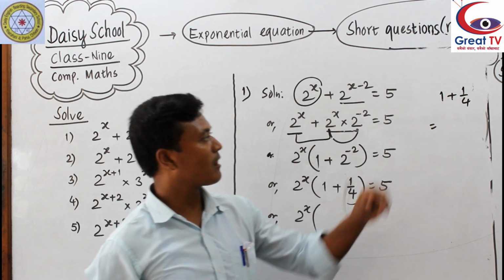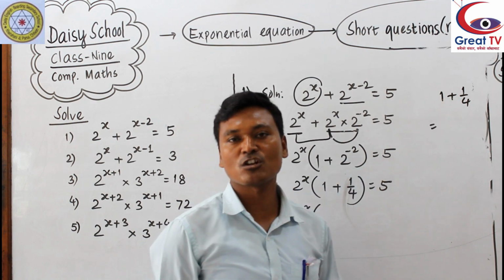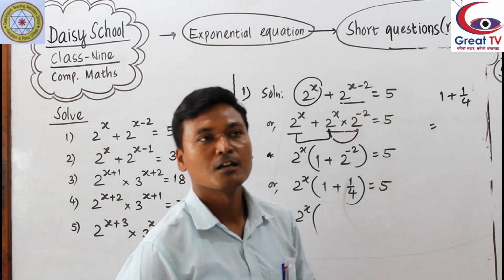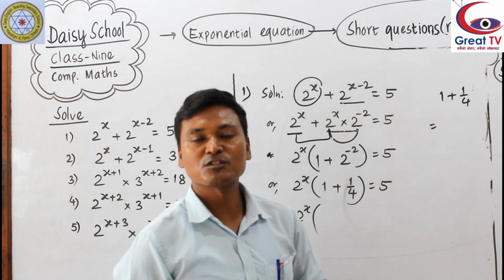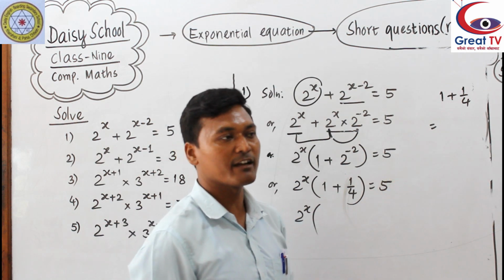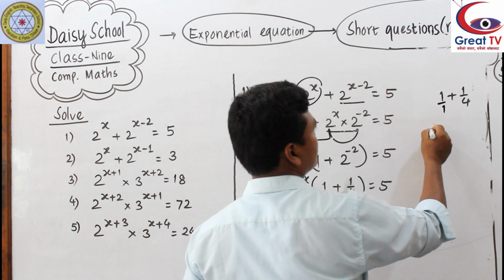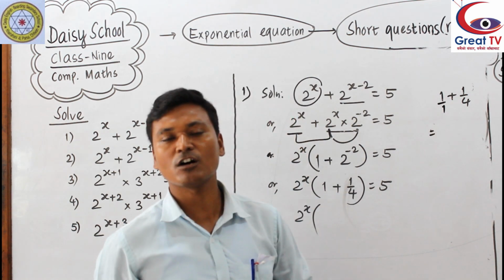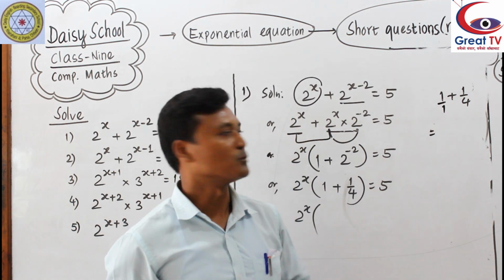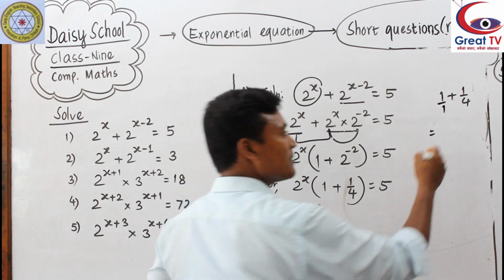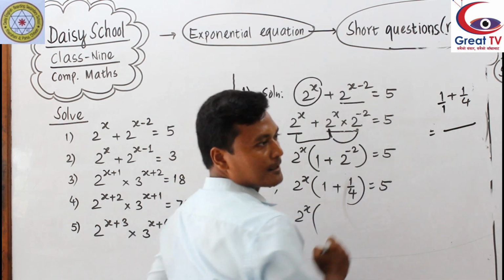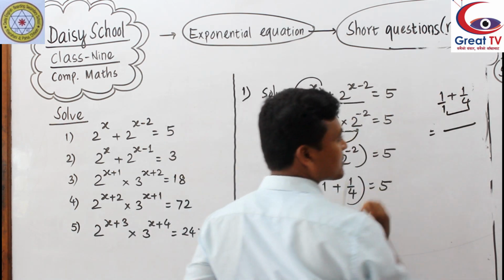You know very well about the addition of 2 fractions, but I am going to tell you the direct idea to add any 2 fractions. 1 upon 1. If we don't have a denominator, we say there is 1 as the denominator. So the very simple idea: multiply denominator with denominator.